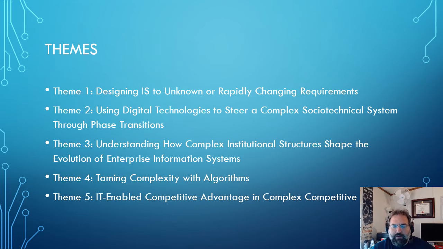So again, pretty interesting theme, and these things are all aligned about technology moving faster, companies having to adapt quickly, companies having to change themselves quickly. And evolution of enterprise information systems is an interesting term because enterprise information systems are typically considered something fairly static in nature. Think about whenever we talk about enterprise information systems, we're talking about things like customer relationship management systems, enterprise resource planning systems, and so on.